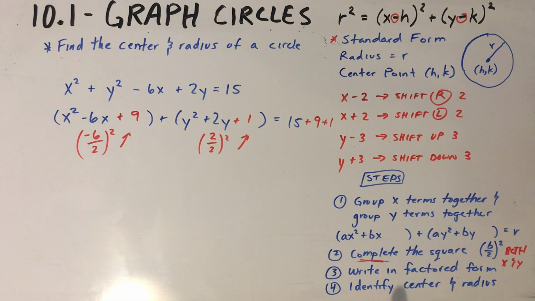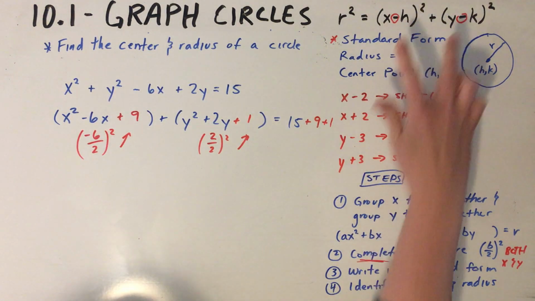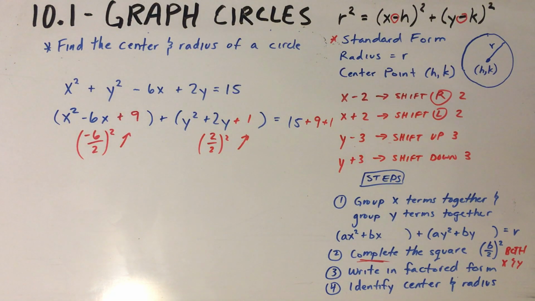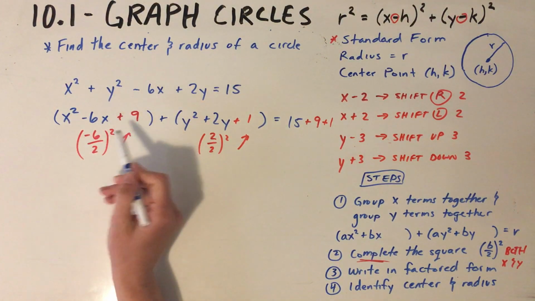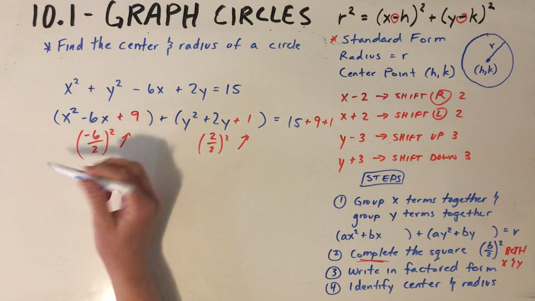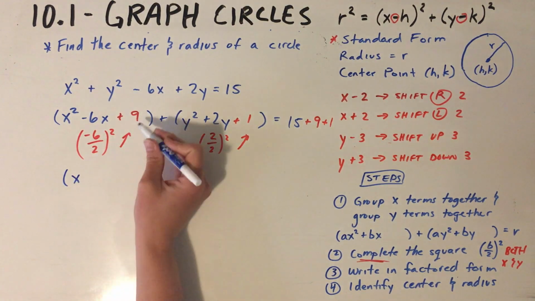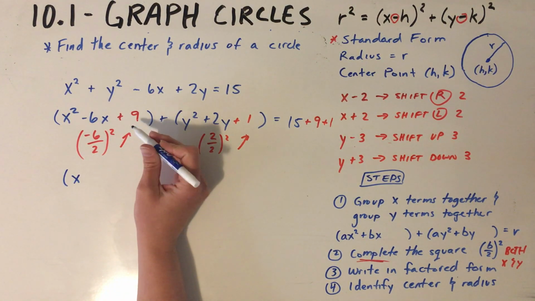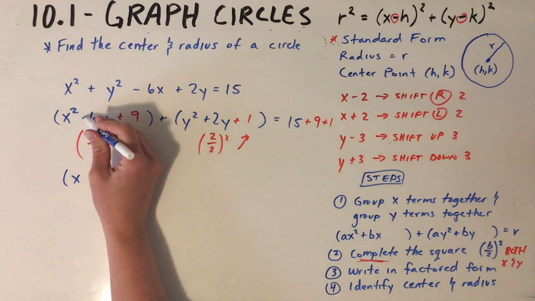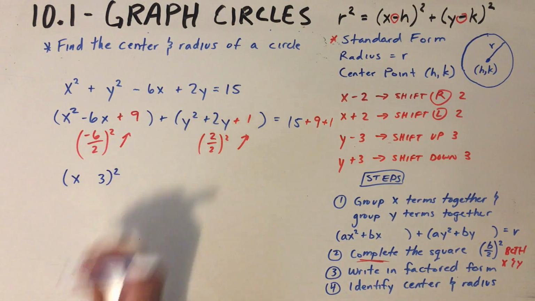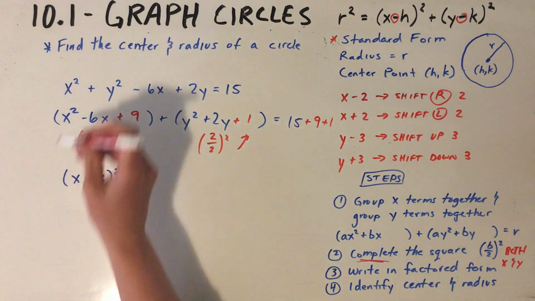And now I'm going to write these in factored form. So I want them to look like this. Remember, to factor this perfect square trinomial, I'm going to put x here, the square root of 9 is 3, and the sign that goes here is this sign right here.